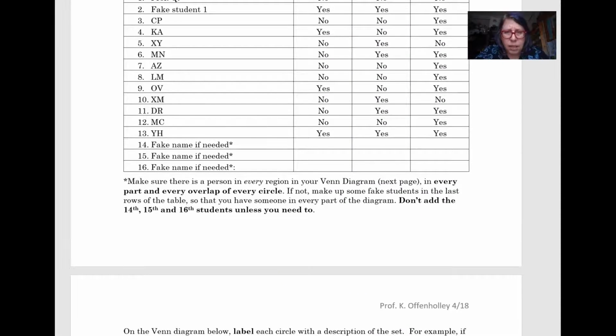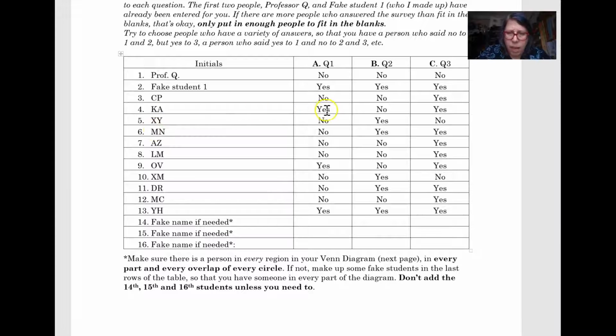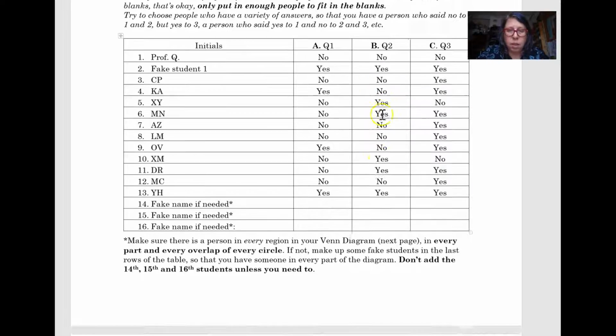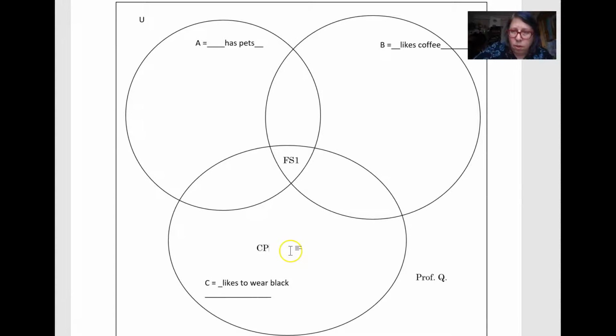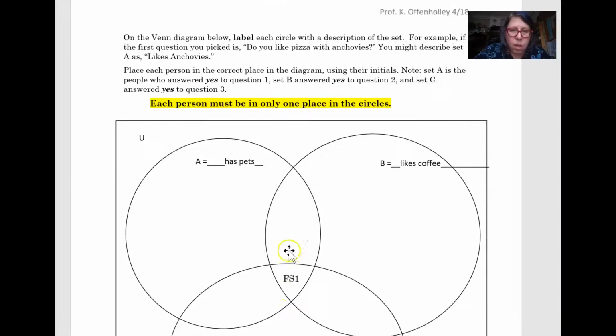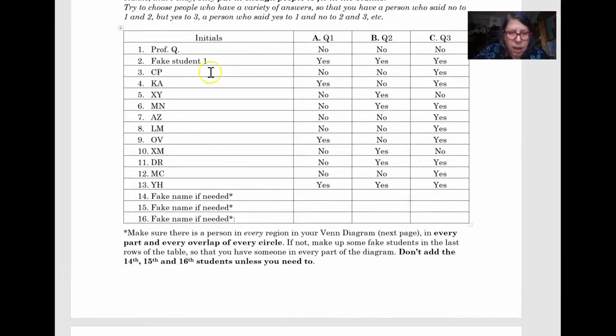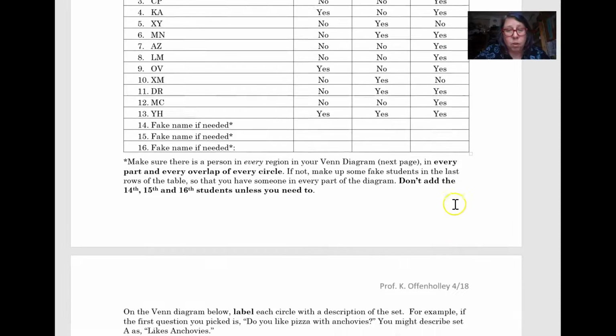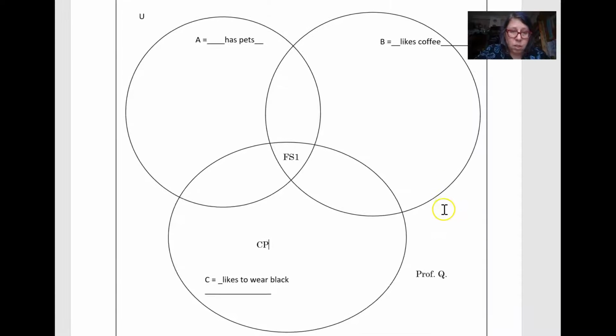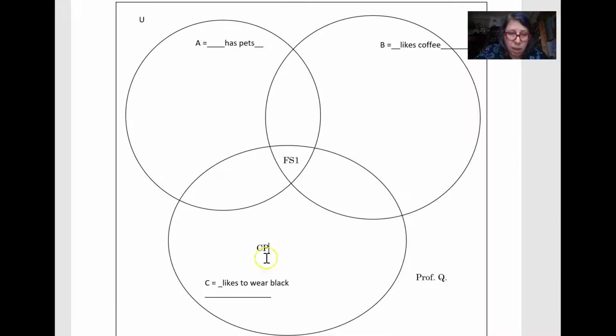Now the next person, KA, let's see, they said yes to the first question and the third question, but not the second question. So that means that KA is going to be in my A circle and my C circle, but not my B circle. So KA has pets and likes to wear black. That means I'm going to put them here.